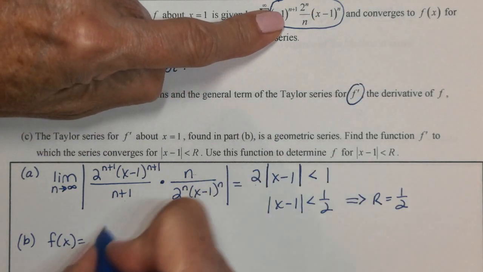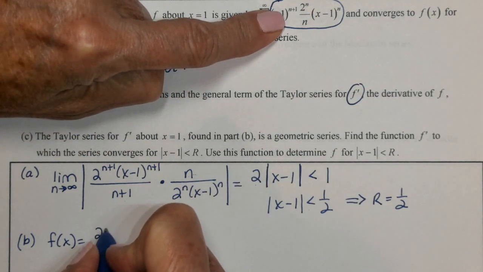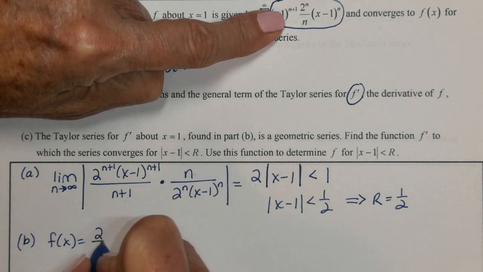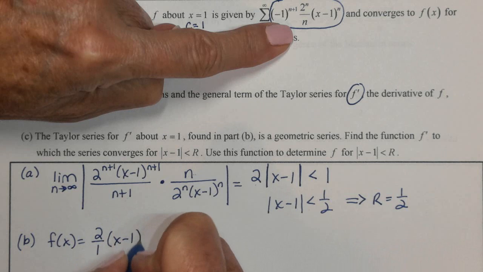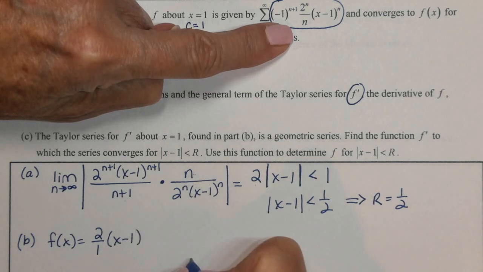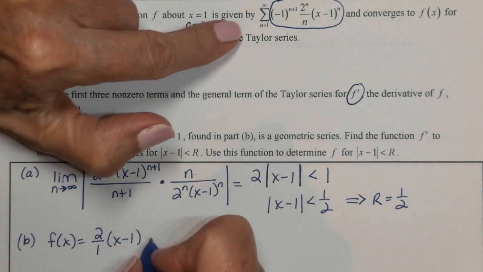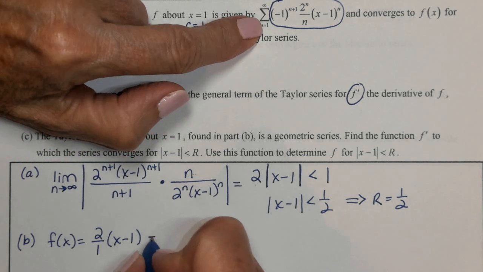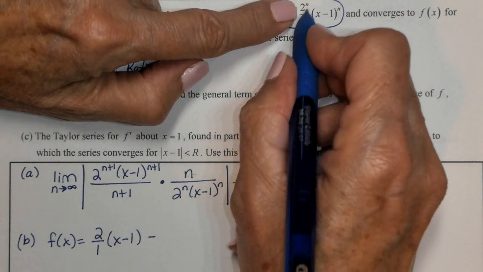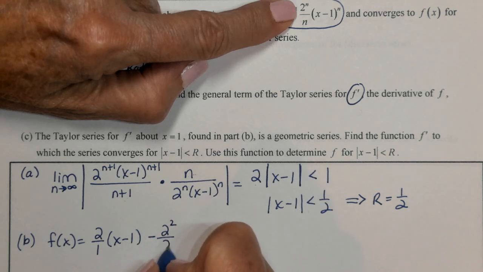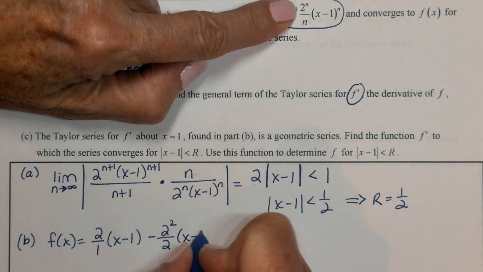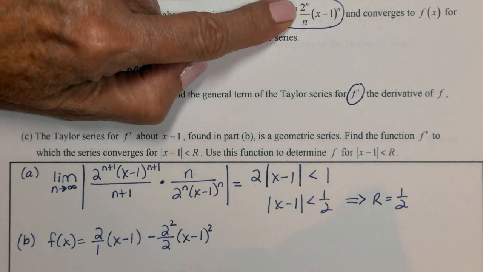And then I'll have 2 to the first over 1 times x minus 1 to the first. The next term, when n is 2, I'll be negative, and n is 2 here, so I'll have 2 squared over 2 times x minus 1 squared.